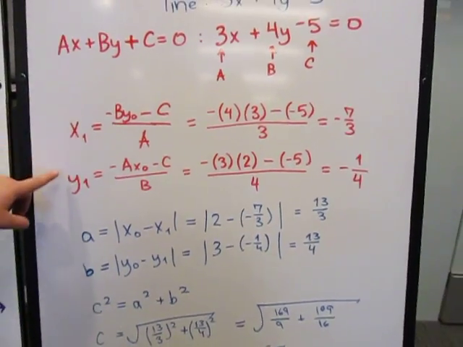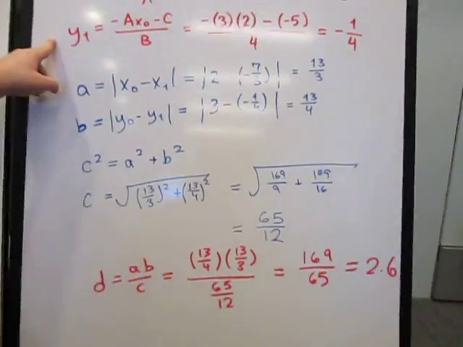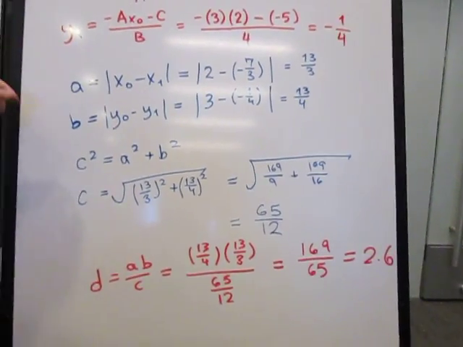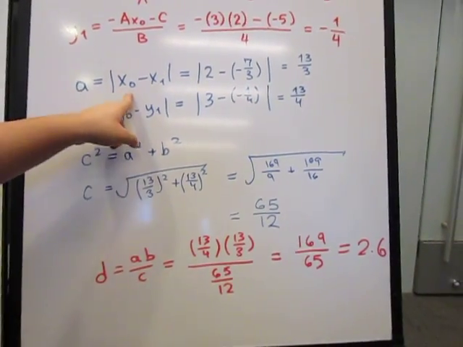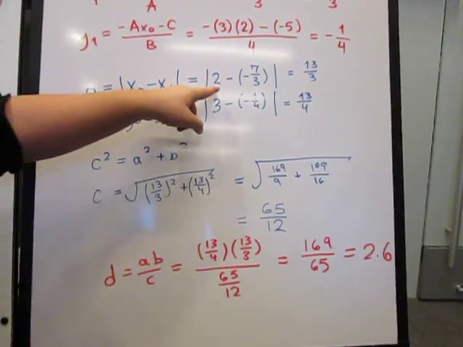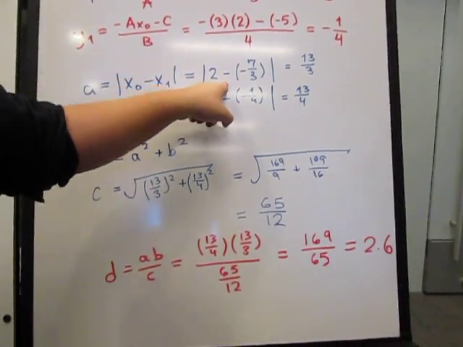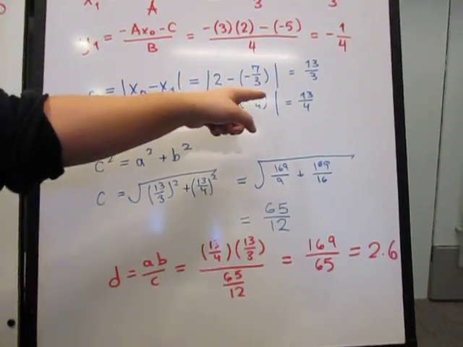So that's our x1 and y1. Using x1, y1, and our point x0, y0, which is 2, 3, we can solve for A. Our x0 is 2, and x1 is -7/3. We subtract them and get the absolute value, and it becomes 13/3. So our A is 13/3.